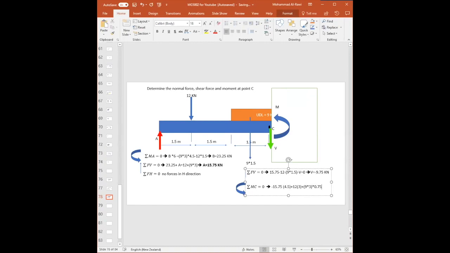I missed something. Don't miss something. Which direction will my M at C be rotating here? It's counterclockwise, so plus M equals to 0. Everything I assume, I should stick with it. I cannot change things based on whether I like it or not. That's a very, very important rule, and you always need to work it out.